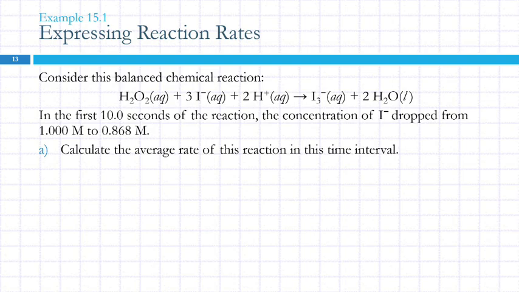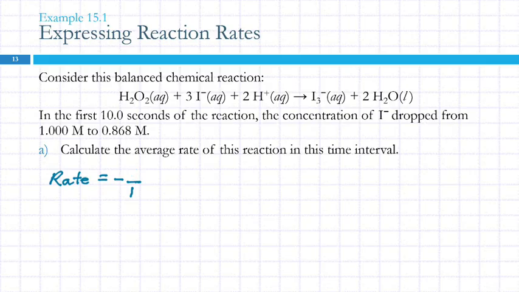So, we have learned that the rate is equal to, this is a reactant, right? So negative 1 over the coefficient. What's the coefficient on the H2O2? 1. Do you need to write that? No, we don't.